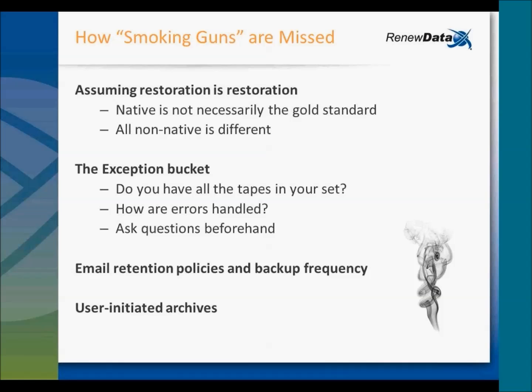User-initiated archives. This is another gotcha to watch out for. Depending on the email system configuration, users can sometimes initiate offline archives from Outlook. And so if you initiate an archive, those messages being pushed to that PST, depending on the configuration on the Exchange server, can be removed from the Exchange server because now the live copy of that message is within the user's My Documents folder in an offline PST.